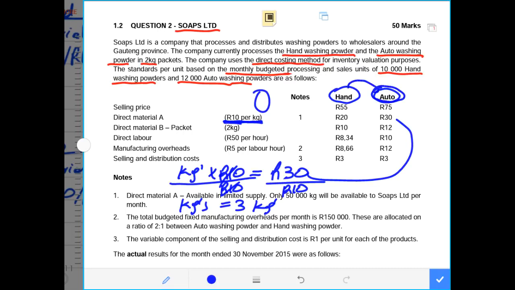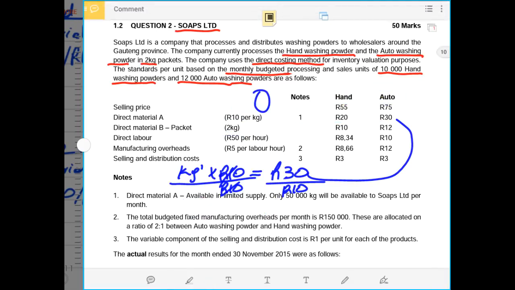I just want to clarify that. However, the kgs are different. It is 2 kgs and 3 kgs, meaning 10 times by 2 and 10 times by 3. That will give us 20 and 30. Then we go to material B packet, and for material B, we are provided with the 2 kgs now, no longer the cost per kg.